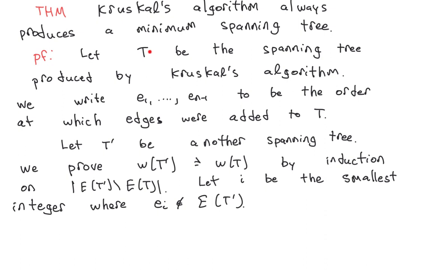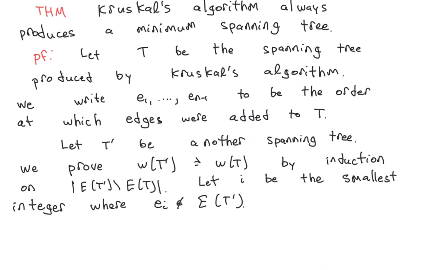So we're going to let T be the spanning tree produced by our algorithm. I'm going to label the edges e_1 to e_{n-1} to be the order in which the edges were added by the algorithm. Now we're going to let T' be another spanning tree. We want to prove that T' weight is at least T's weight.